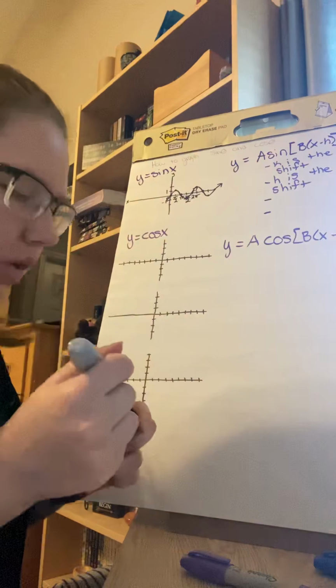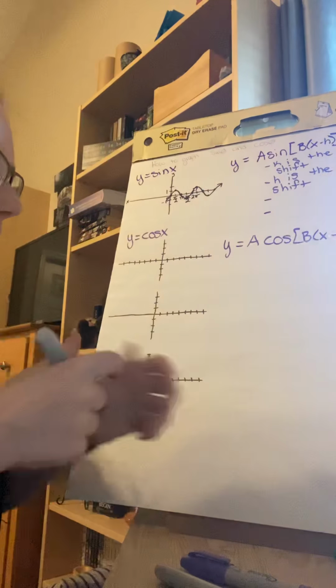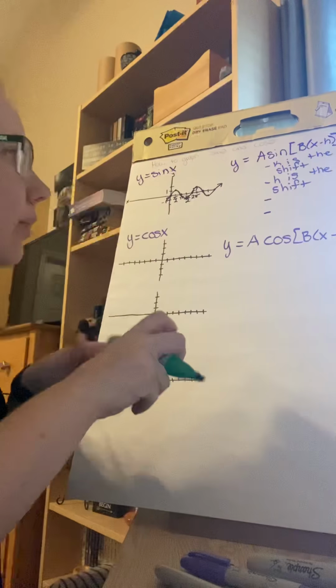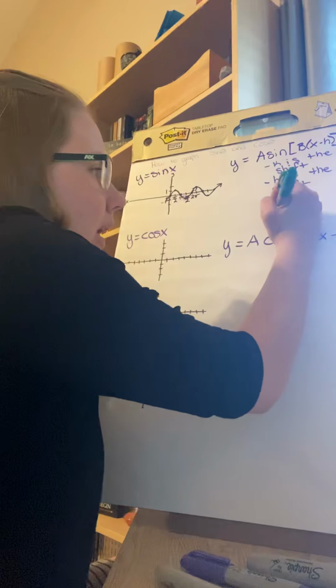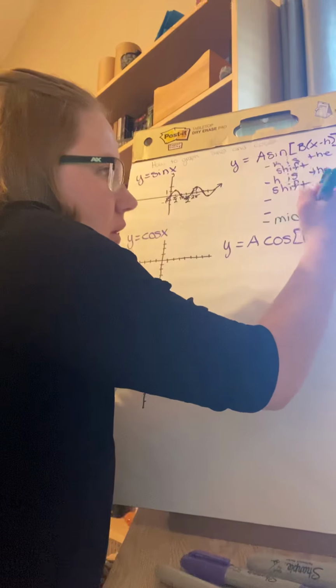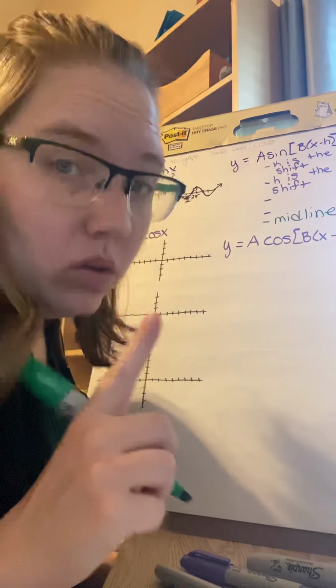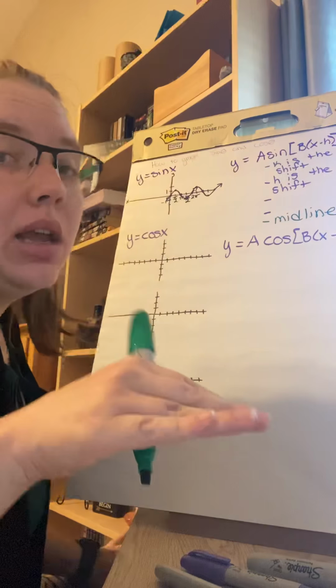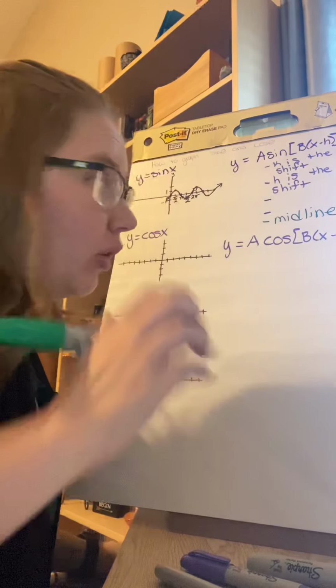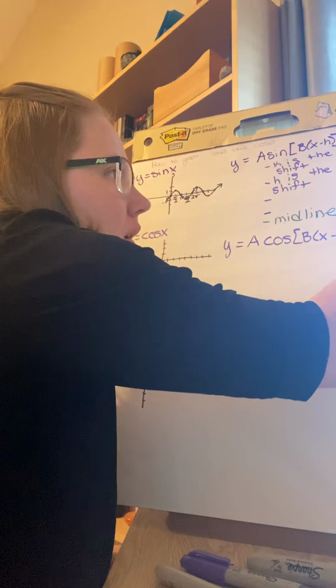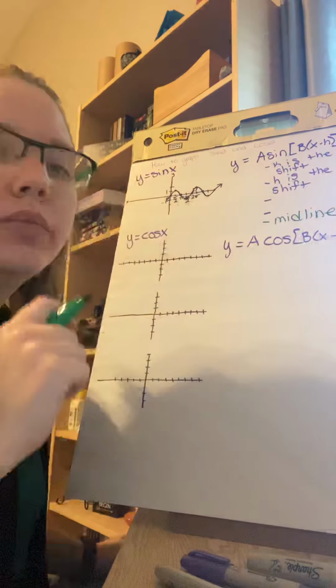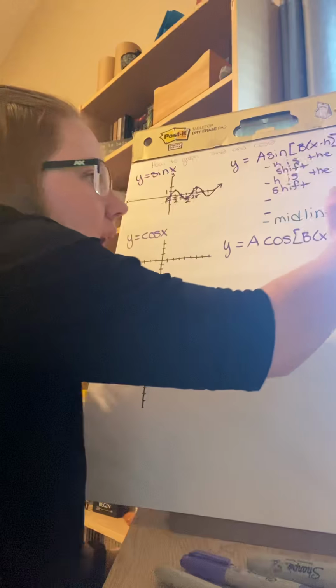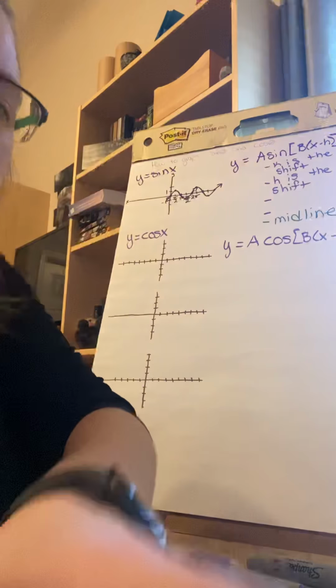I'm gonna put this in a different color though, because we're gonna get crazy with these. Okay, we'll go in for green because I like green. Okay, so your midline is always going to be, when it is a horizontal sine function, y equals k. Very simple. So your midline is y equals k.